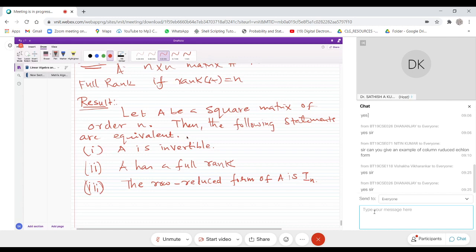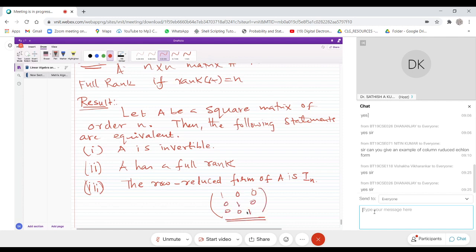If A is an invertible matrix, you know that the inverse exists. Then A has full rank, which for a 3 by 3 matrix means the rank is three. If so, the row reduced form is nothing but the identity matrix, which for a 3 by 3 matrix is 1 0 0, 0 1 0, 0 0 1.